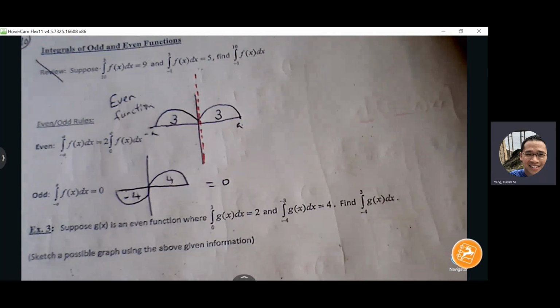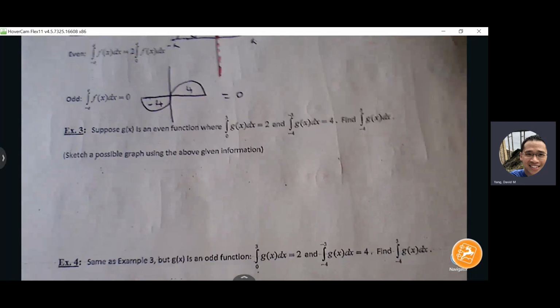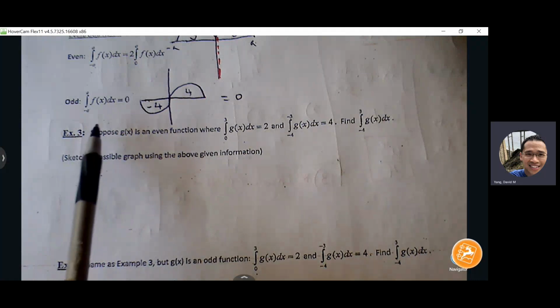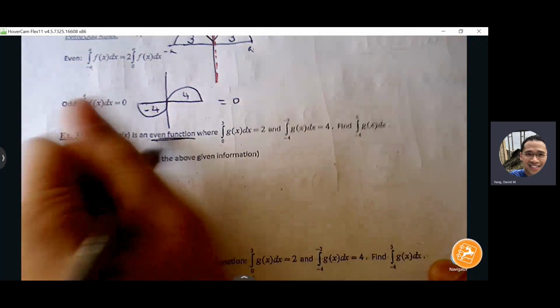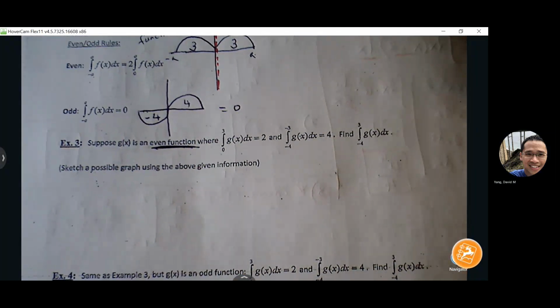Okay, so let me go through these examples here, and we'll definitely practice with this as we step into our review worksheets tomorrow. Suppose g of x is an even function, so that's a big clue, right? So you know that ultimately, whatever picture you create, you're going to create mirror images on either side of the y-axis. Okay, so that's important.